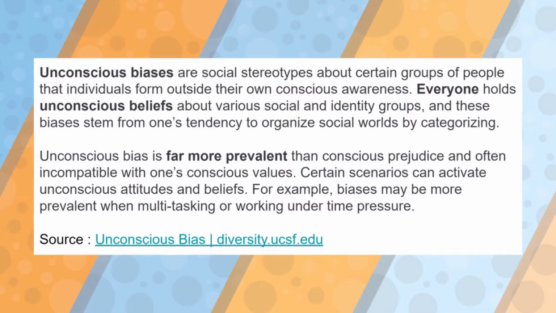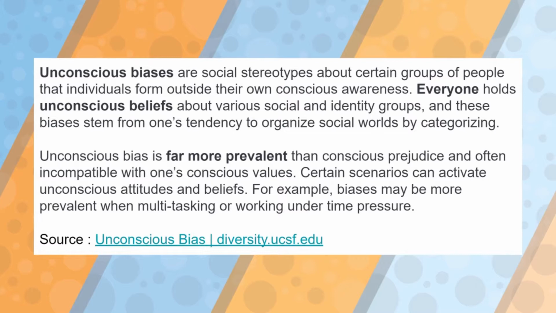So this is the only bit of text in the entire presentation, a definition I found from a source online on diversity. Unconscious biases are social stereotypes about certain groups of people that individuals form outside of their own conscious awareness.